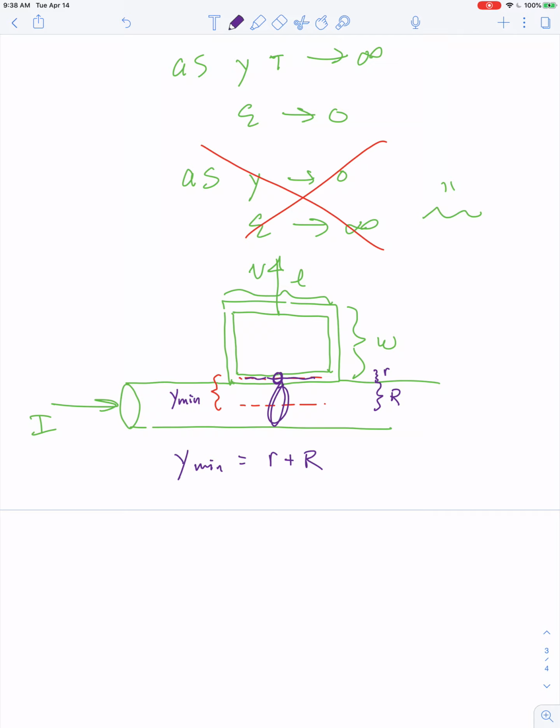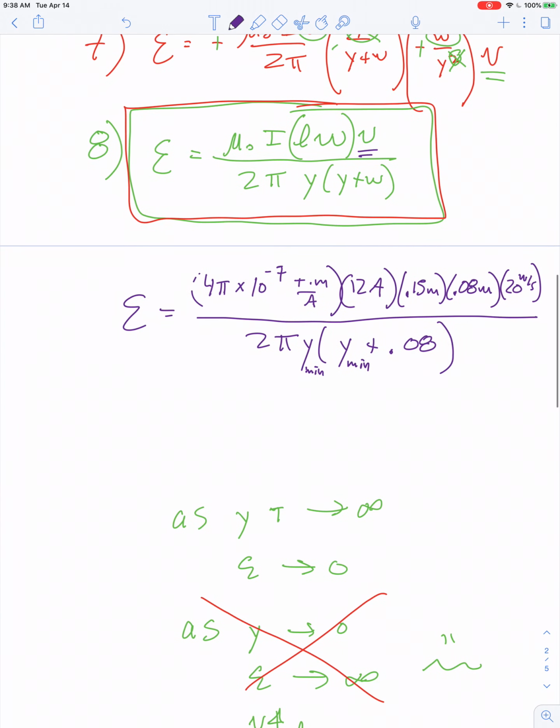So if we want, we can make up some values. We can say this one is 2 millimeter, and this one is 1 millimeter. So our y min is 0.003 meter. Okay, so let's use that: 0.003 meter, 0.003 meter.